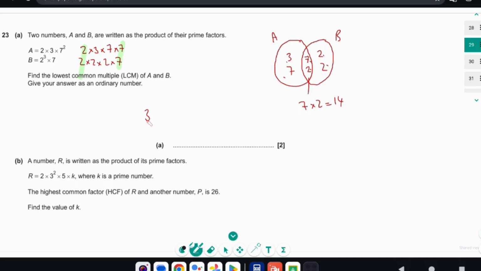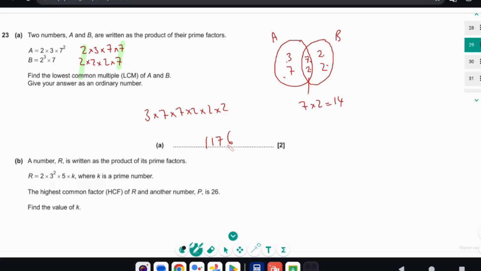So 3 times 7 times 7 times 2 times 2 times 2. 1176. Just going to double check that.